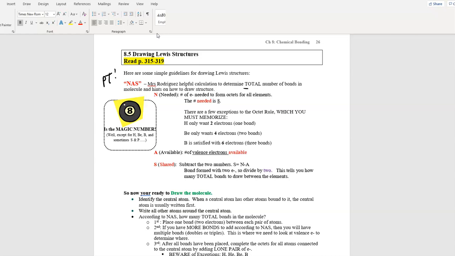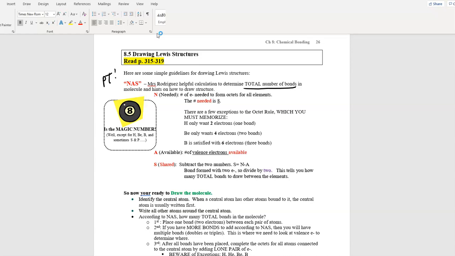So this tiny little calculation, and I don't want you to get too crazy excited because you're like, oh my gosh, I get to touch a calculator, it's been so long. Yes, but you should be able to do this math without the calculator, okay? So this cool calculation is to figure out how many bonds are in the whole molecule, okay?